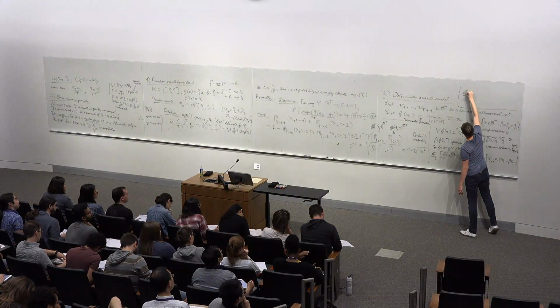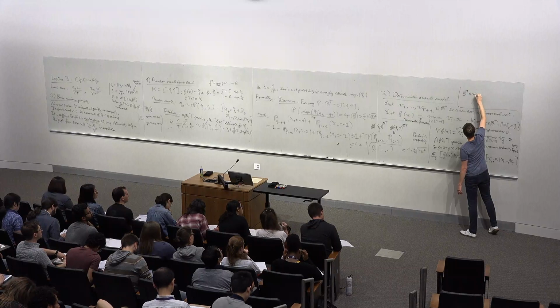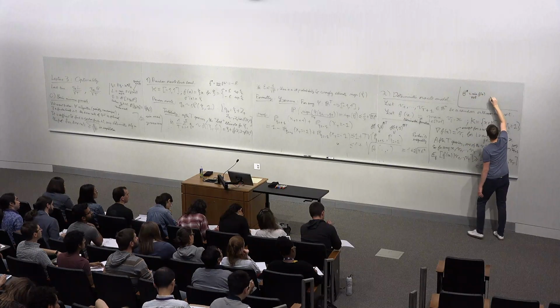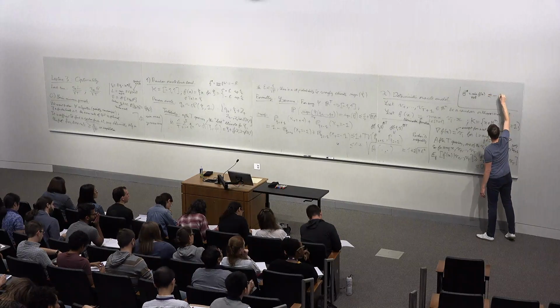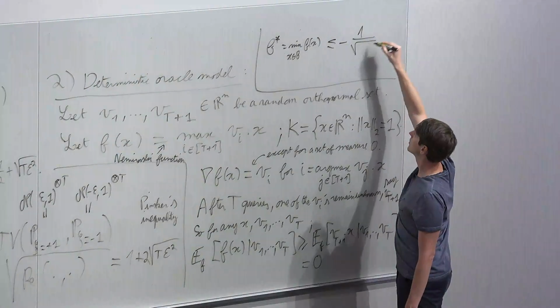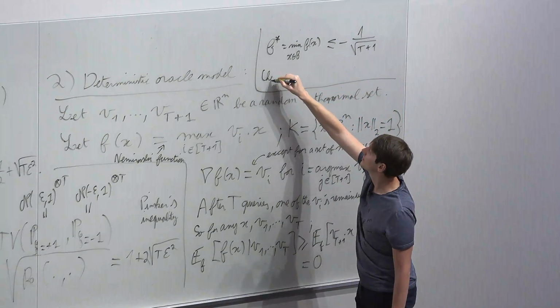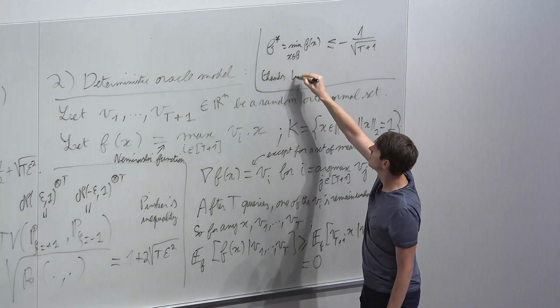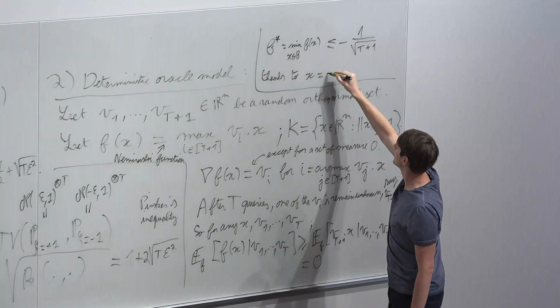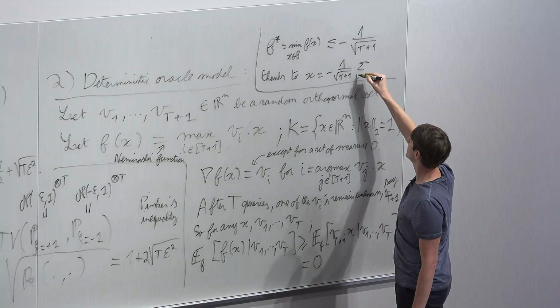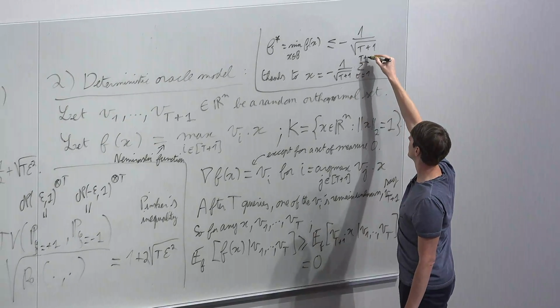F star, which is the minimum of f of x over x in B, I claim that this is smaller than minus 1 over square root t plus 1. Thanks to the following point: x equals minus 1 over square root t plus 1 times the sum for t equals 1 to t plus 1 of the Vt.